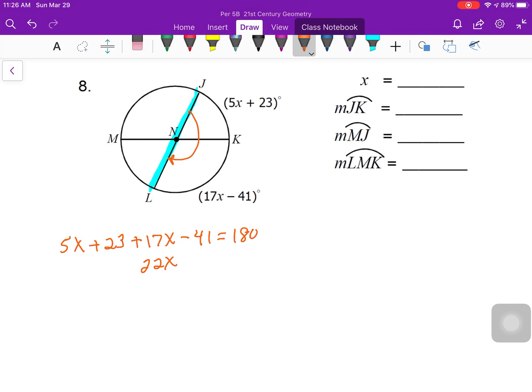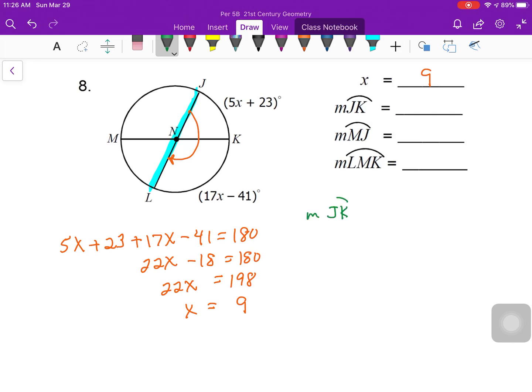Combining like terms, I have 22x, negative 41 plus 23 gives me negative 18. I'll add 18 to both sides. And I have 22x equals 198. I divide by 22. Each x is 9.